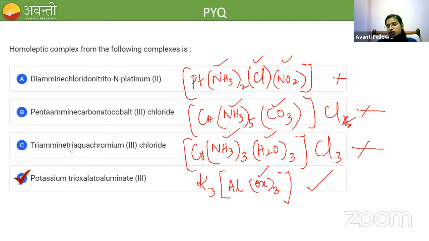Can you all understand? If only one type of ligand is present inside the coordination entity, then it is called the homoleptic complex. Okay. Clear for all of you? Shall we go for the next question?